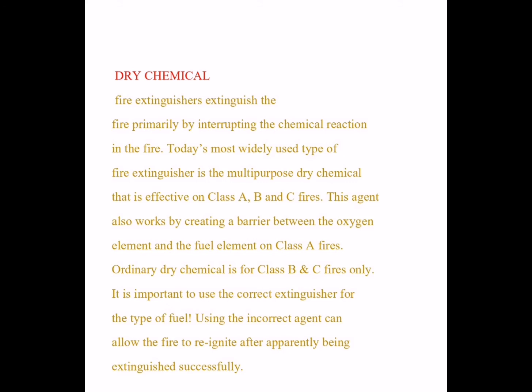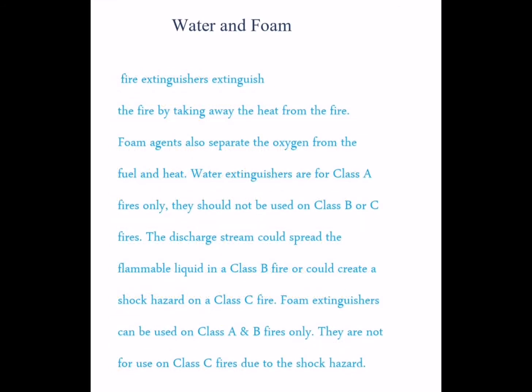This agent also works by creating a barrier between the oxygen element and the fuel element on Class A fires. The ordinary dry chemical is for Class B and Class C fires only. It is important to use the correct extinguisher for the type of fuel. Using the incorrect agent can allow the fire to reignite after apparently being extinguished successfully.